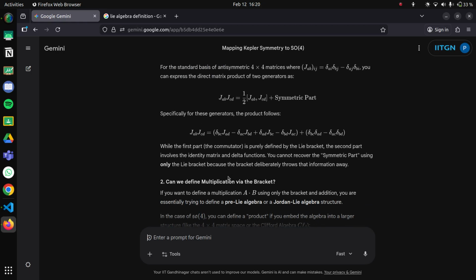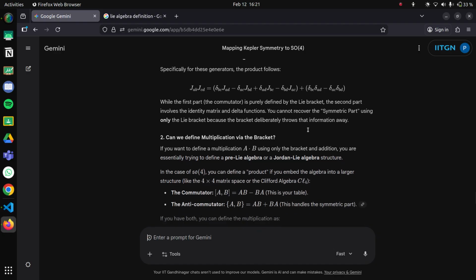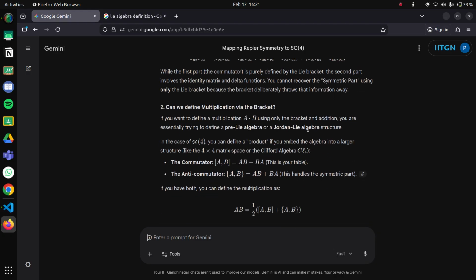Okay, so this is just a lot of weird stuff. The Lie algebra or a Jordan Lie algebra structure, when you define a product, if you embed the algebra into a larger structure like the 4x4 matrix space or the Clifford algebra. Okay.